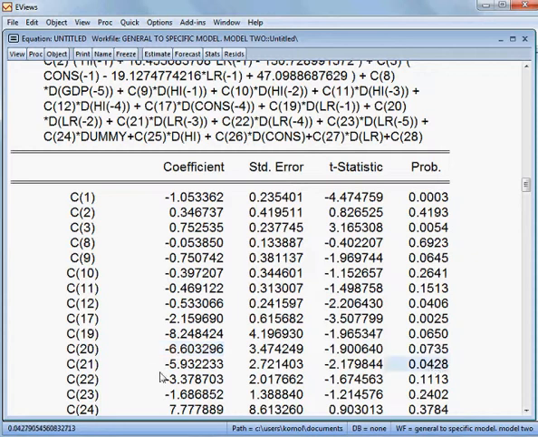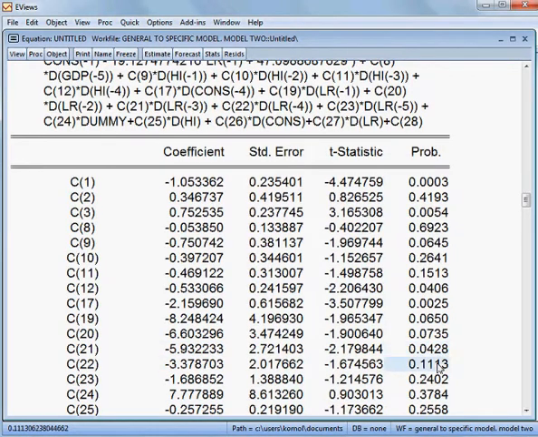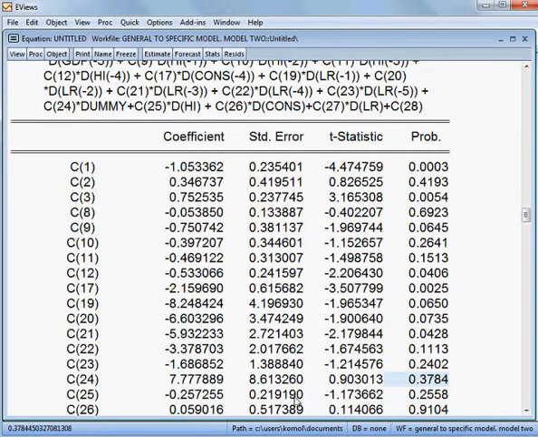Then C21 also significant and the sign is negative, so we are happy about it. Then talk about C22 not significant, C23 not significant, C24 not significant. Okay, what is C24?